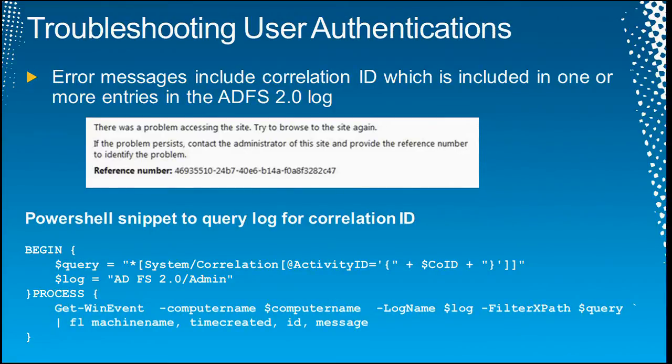Having this GUID available makes it incredibly easy to trawl through your ADFS logs on your various servers to find the appropriate event to see where something failed. And I have given you, because I care about your time and well-being, the PowerShell snippet that allows you to do just that. Okay, technically Brian gave it to you and I'm sitting up here reading the slide. But I'll take credit for it anyway, because I'm the one on the soapbox.